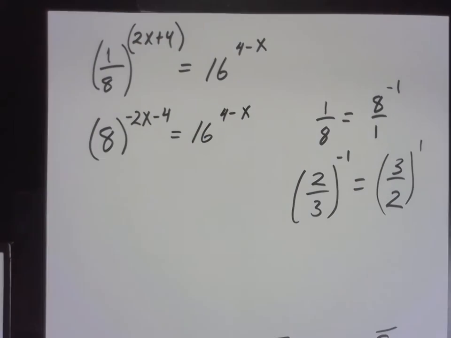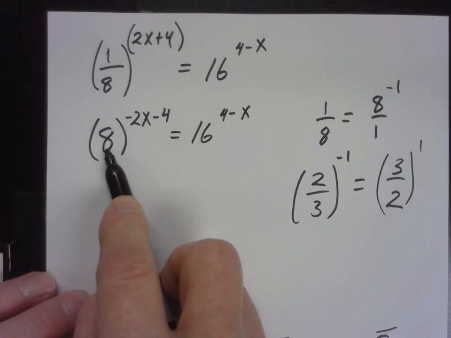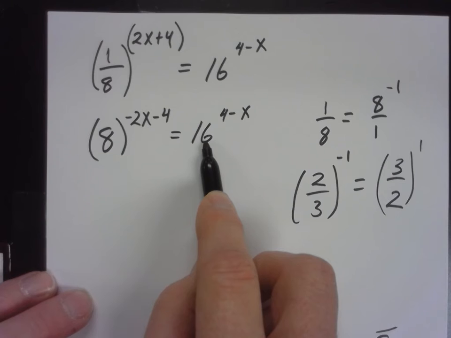Okay, now can I write them with the same bases? What base are we looking at? 8? 4? 2. I'm going to go down to 2. I don't think I can write 8 as 4 to a power very easily. Can we write 16 as 8 to a power?